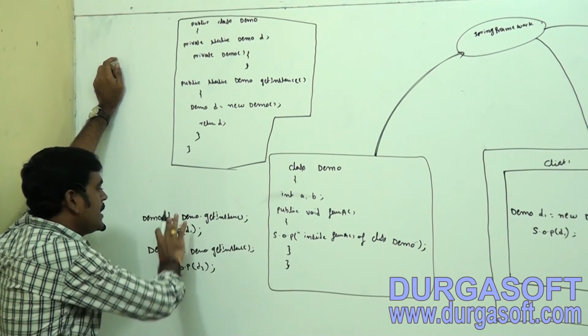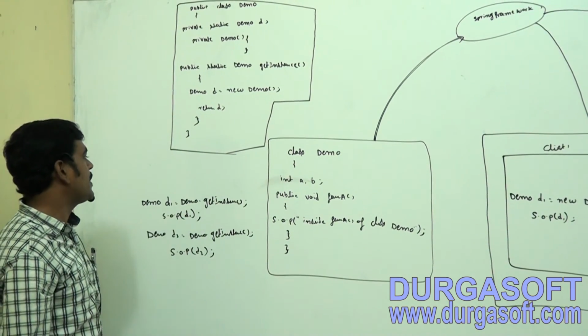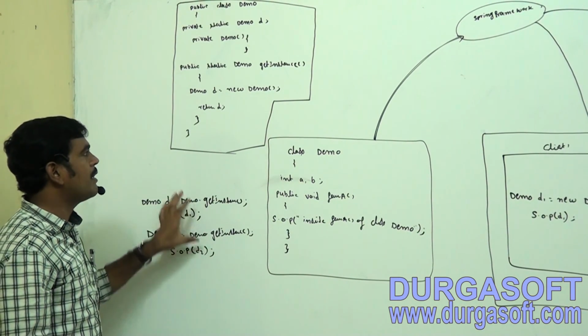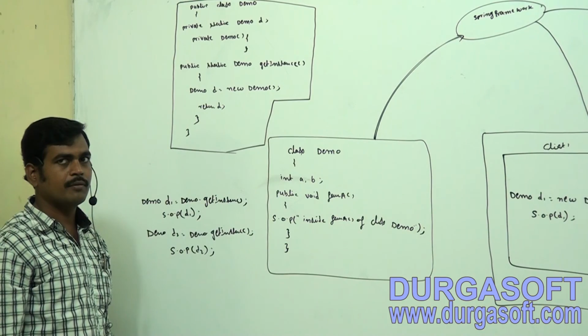Now in this case, any number of times we take this class object, it is always given as the singleton object only.